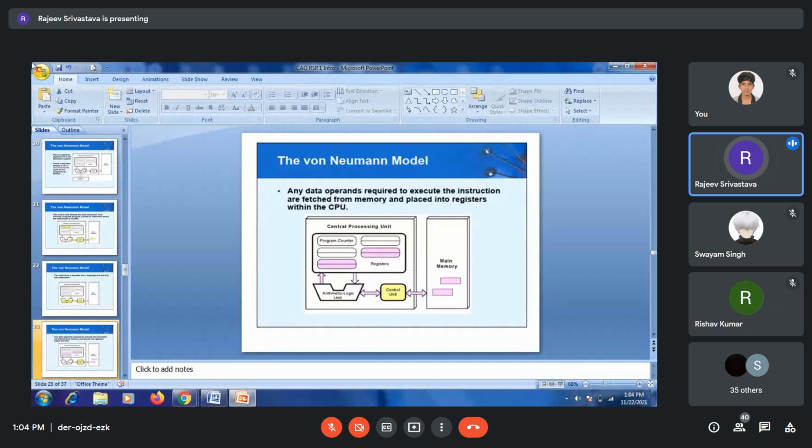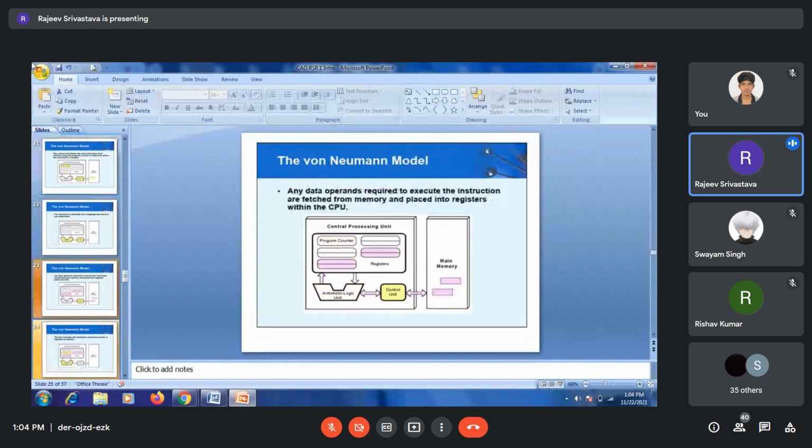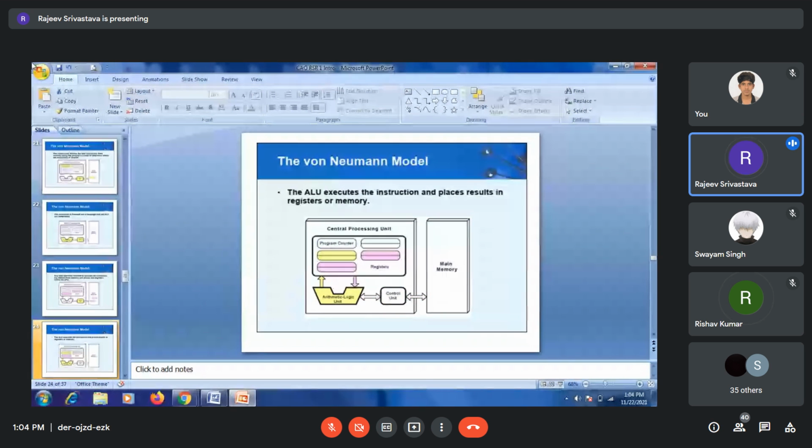So registers are the memory where the operand is stored within the CPU. So fetch the instruction, decode, and then execute, and place the result in registers or memory as required by the instruction.